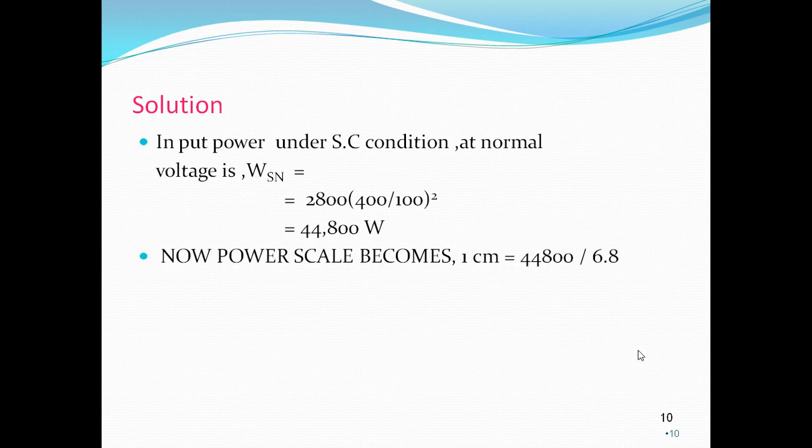So for the power scale, when you draw the semicircle, you draw the vertical lines from point A and point B. The point B cuts the AD line at point E. So measure BE, which is 6.8.